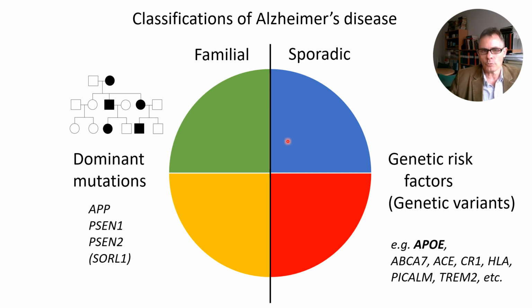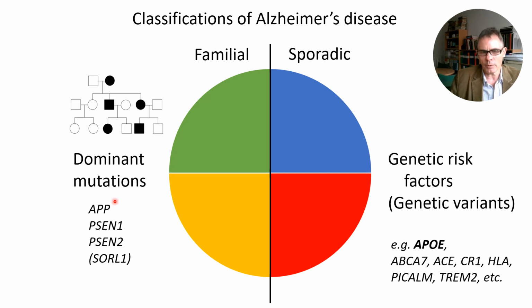For example, you may be familiar with family trees, pedigrees, we call them in genetics, and you can see how the different individuals within that pedigree are affected with the disease as we move down the generations. Now, familial forms of Alzheimer's disease are due to mutations in only a small number of genes. There are basically 3 and possibly 4 genes involved.